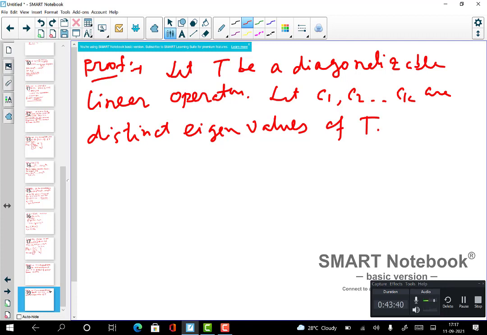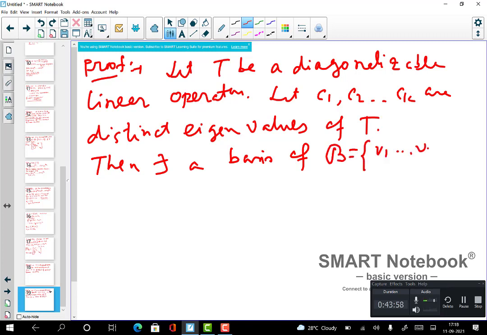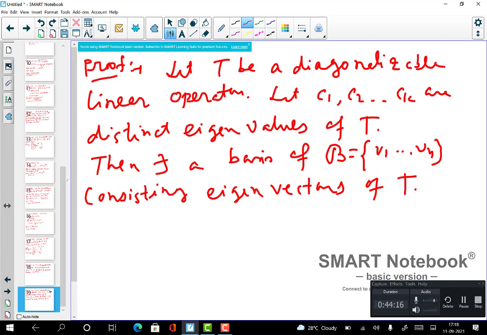I'm also assuming T is diagonalizable. So what does that mean? That means there exists a basis B, say V1, V2, up to Vn, consisting of eigenvectors of T. Okay, so this is the definition.